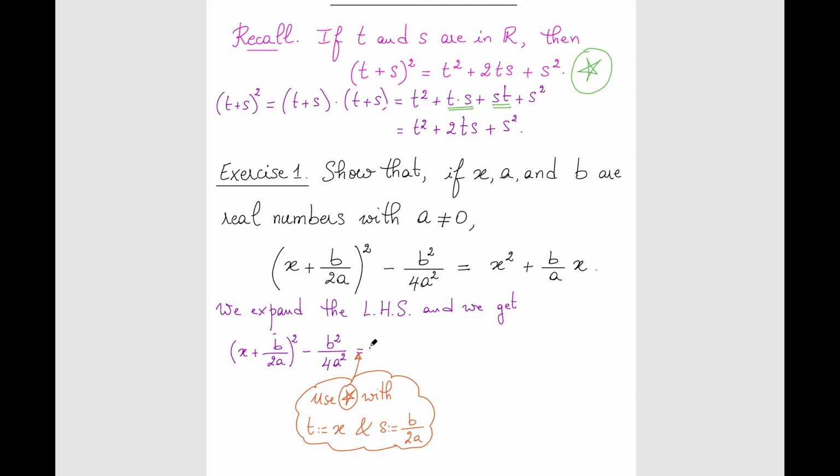So x squared plus twice the product of t and s. Well, t is this much, and s is this much, b over 2a. So I get this, right? Plus the square of s. What's the square of s? It's the square of b over 2a. Am I correct?